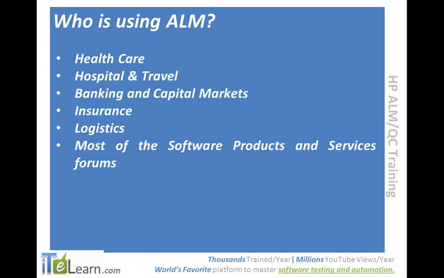Then what is ALM? It's much more beyond the test management. It is complete application lifecycle management. Right from a project inception stage, which is requirements of course, but we can also track how many releases we are planning for this. In each release, how many cycles we are planning, when is the cycle going to start, when it is going to end, then what are the finalized requirements.